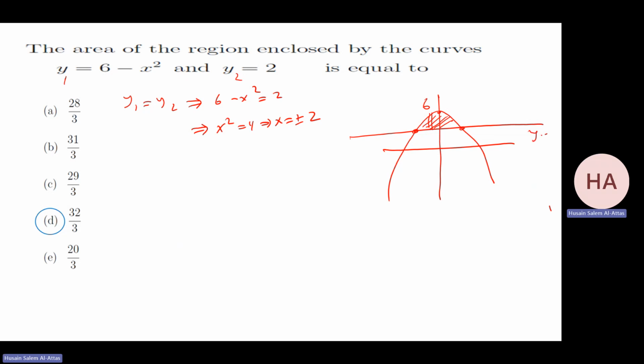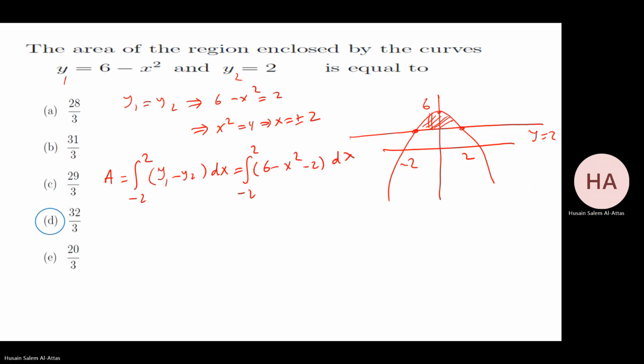Those are minus 2 and 2. So the area will be from minus 2 to 2. The upper is the parabola minus the line, dx. What is the parabola? 6 minus x squared minus 2 dx.